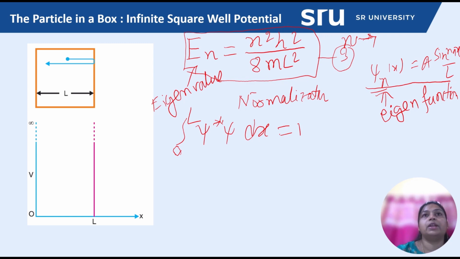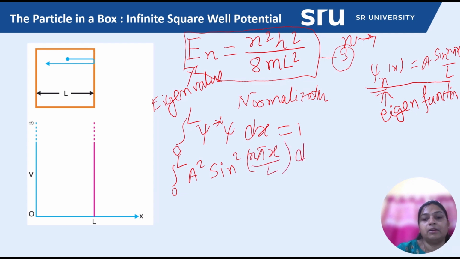So from here we can write the integral from 0 to L of a square sine square n pi x divided by L dx is equal to 1. If we do this integration, we know that sine square x is equal to 1 minus cos 2x, divided by 2.